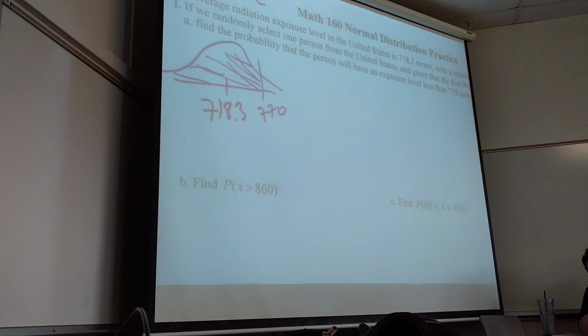But real quick, go with me. If the mean was 40 and the standard deviation was 10, what would a Z-score of 1 mean? 50, right? 40 plus 1 step is 50. If the mean was 40, but the standard deviation was 200, what would a Z-score of 1 mean? 240.